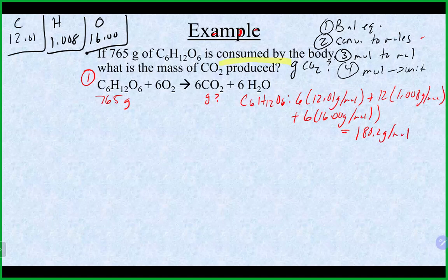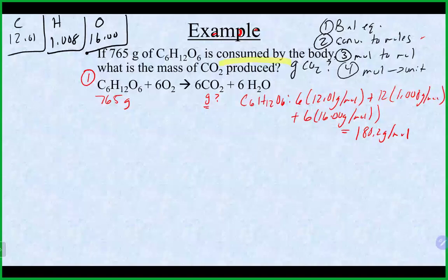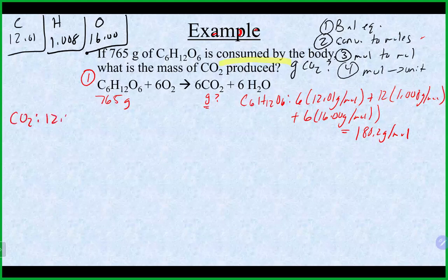We will also need on the back end the molar mass of CO2, so might as well grab that while we're up here. So carbon dioxide here, 12.01 grams per mole for the carbon, 2 times 16 for our oxygen, giving us 44.01 grams per mole.